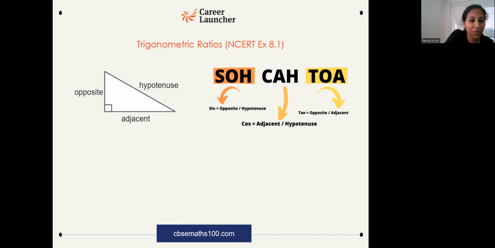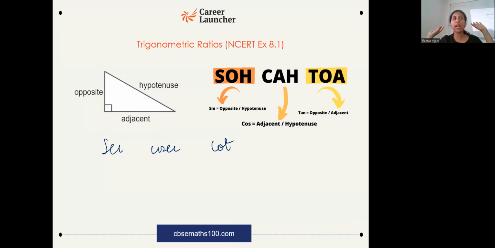And if you are looking at cosec, cosec is reciprocal of what? Cosec is reciprocal of sine, right? Sec is reciprocal of cos, and cot is reciprocal of tan. Those of you who still get confused about this, by some chance, you can remember it like sec, cosec, cot.